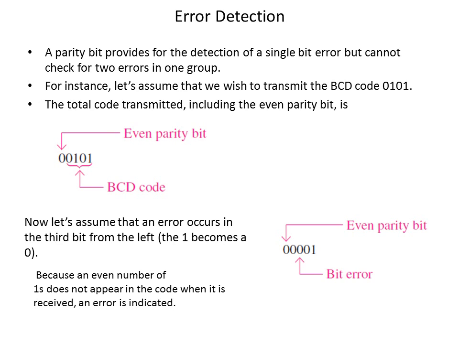At the receiving end, the even parity is checked, and it is found to be 1, but when it was transmitted, it was 0. So because an even number of ones does not appear in the code when it is received, an error is indicated. In this way, the error is determined.